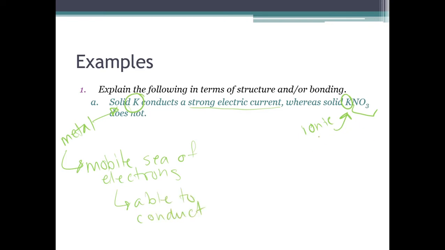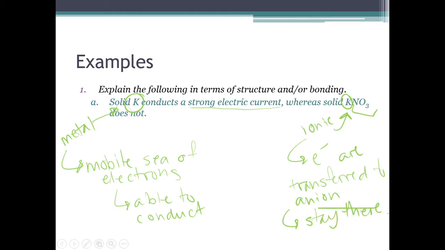Versus KNO3 is ionic, so electrons are transferred to our nonmetal, or in this case, our NO3. They're transferred to the anion, and then they stay there. If your electrons cannot move, they cannot conduct anything.